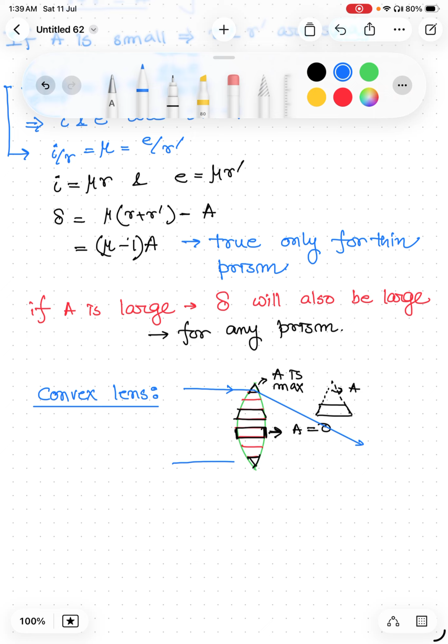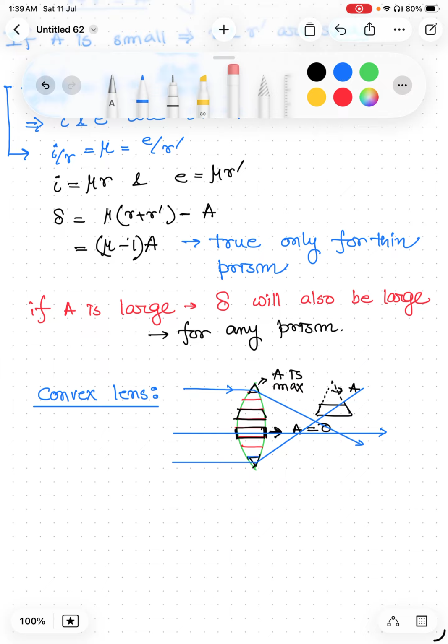Similarly, a light ray incident at this edge will experience the maximum deviation and deviate towards the base, this being the base of the prism. But the light ray passing through the middle section is not going to deviate at all, because the angle of prism is 0.